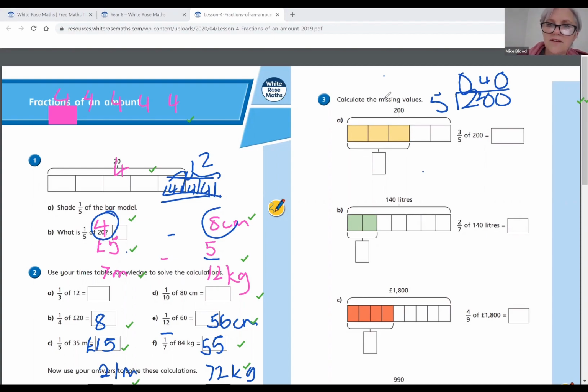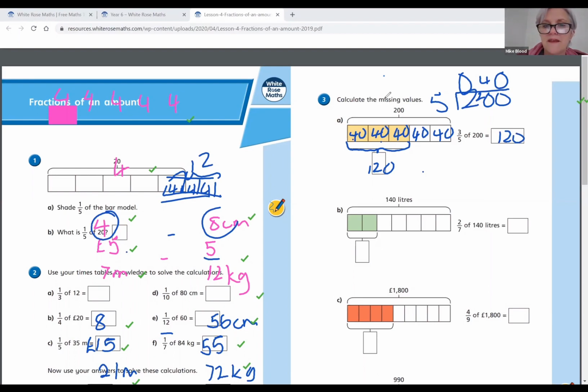So each one of those is 40. And then I want 3/5, I want 3 of those units, 3 of those bars. So 40, 80, 120. So 3/5 is 120.